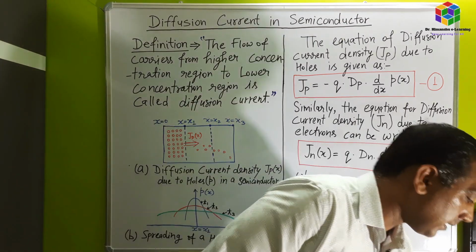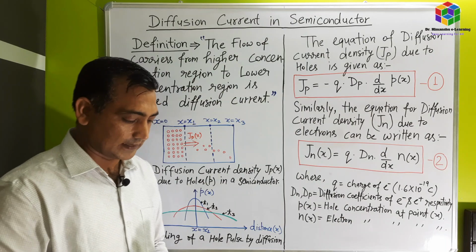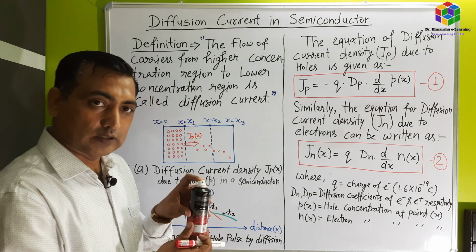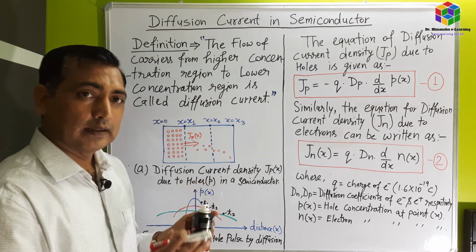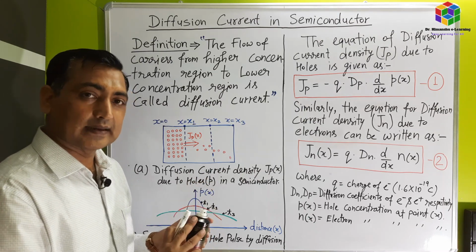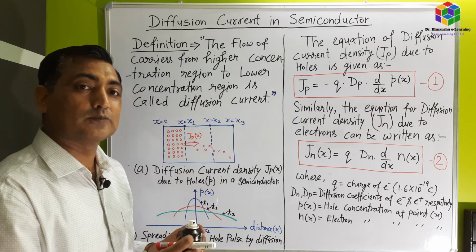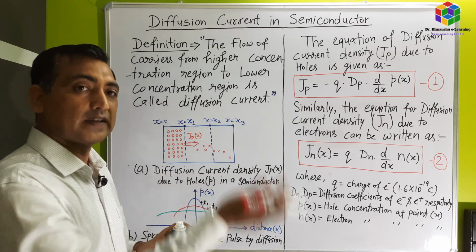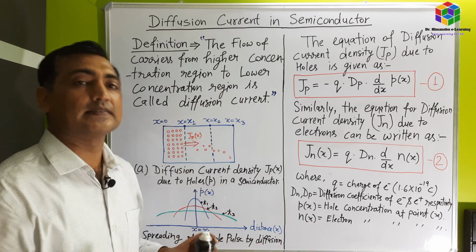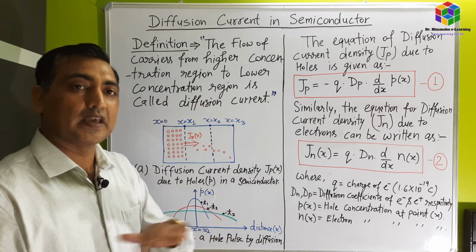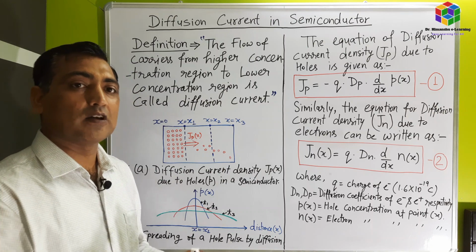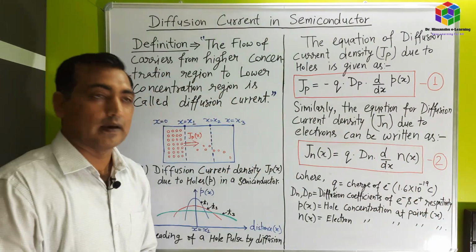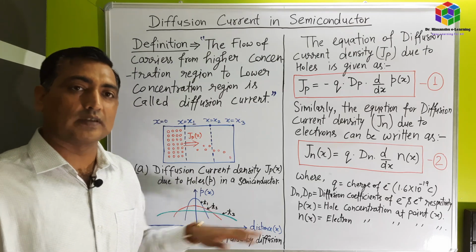Now I will give you a real life example of the diffusion process. Let us take the example of a perfume bottle. If I press the nozzle of this bottle, then what will happen? The carriers present inside this bottle were at higher concentration, and now they have come out and get equally spread inside the room, until the fragrance is equally spread. After a certain time, it will reach the far corners of the room.